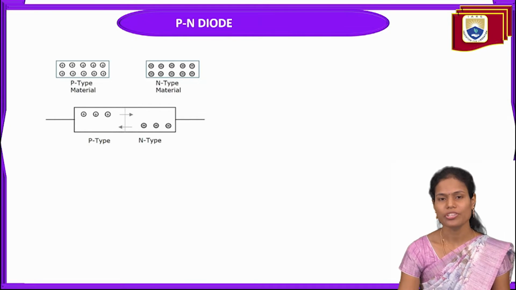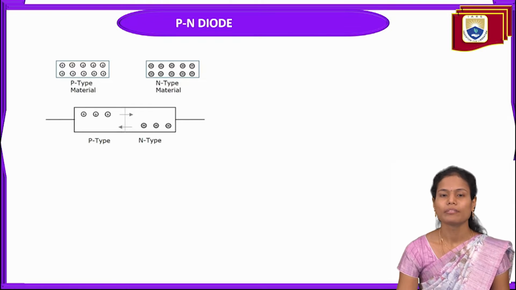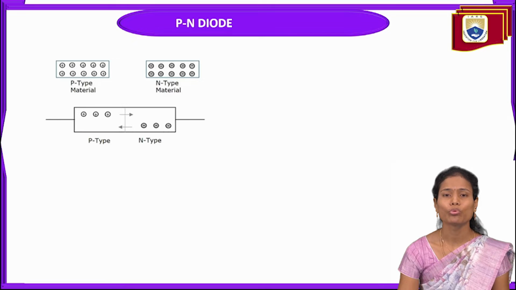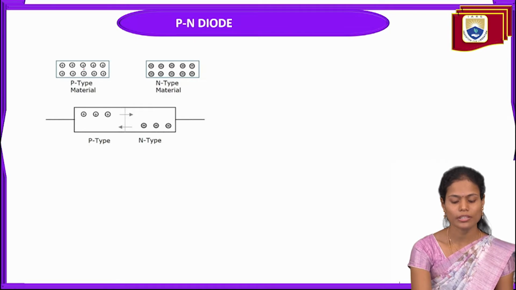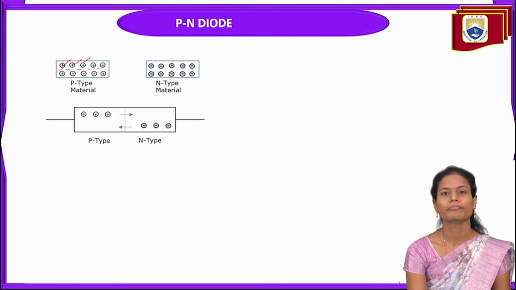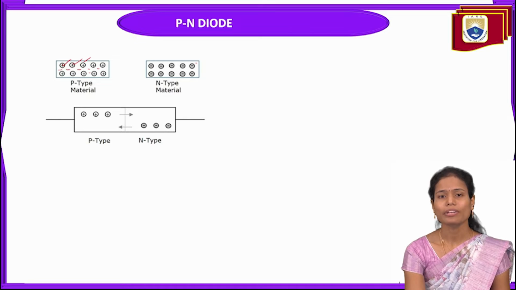I have already mentioned in the previous sessions that the P type semiconductor material has more holes compared to electrons. That's why in the case of P type material, we indicate it with plus symbols here. Along with this, we also have a few electrons. The N type material is an extrinsic material.